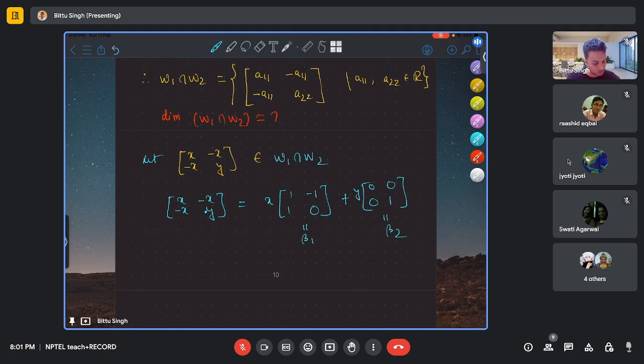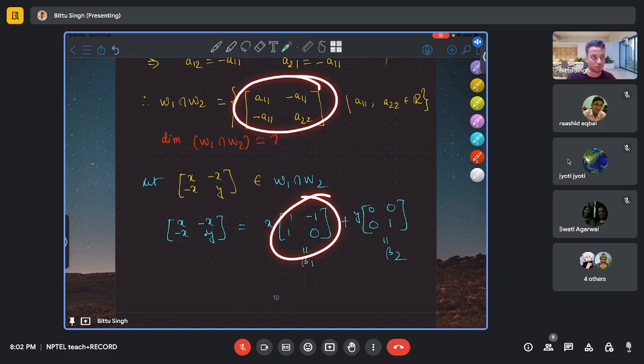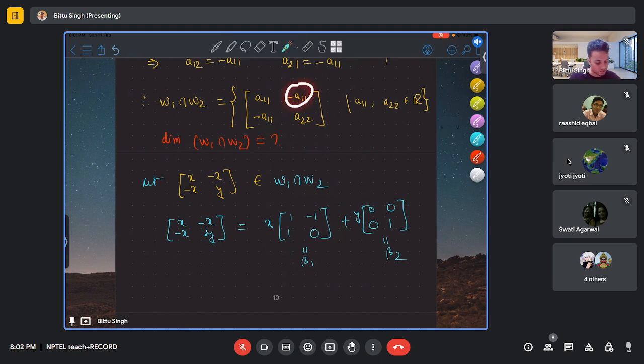And you can see that beta 1 belongs to W1 intersection W2 because it satisfies the criteria which says the second and third entries are the negative of the first entry. The second entry is minus 1, the third entry is minus 1.